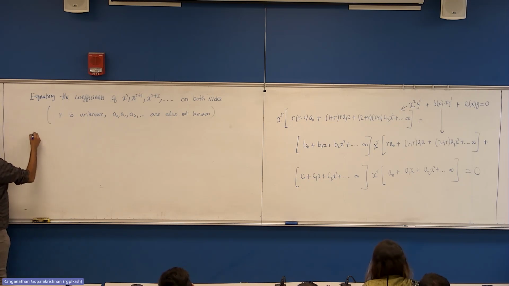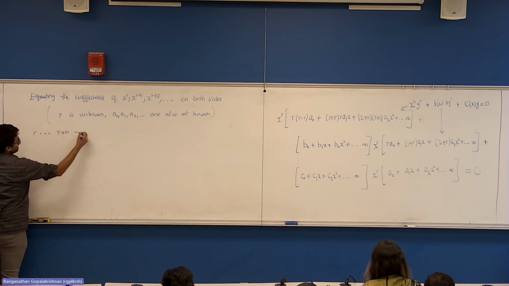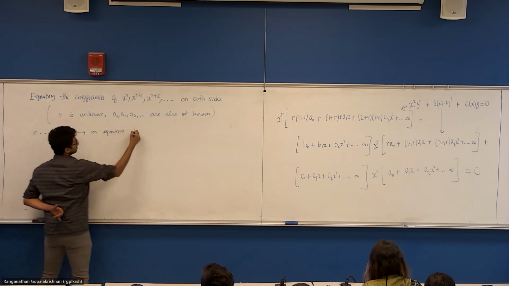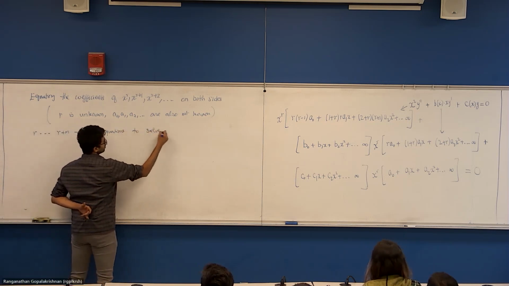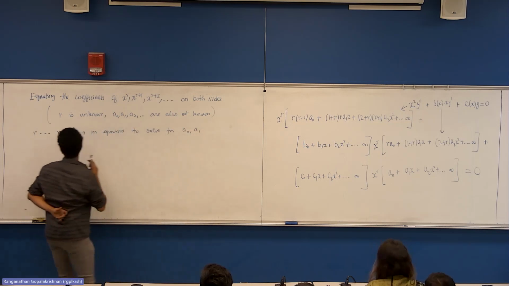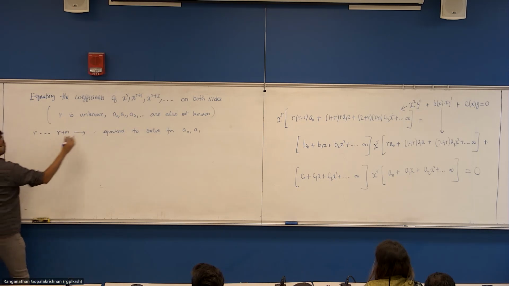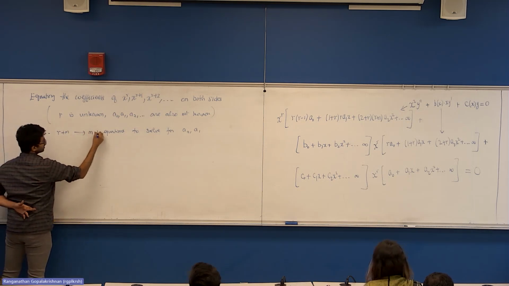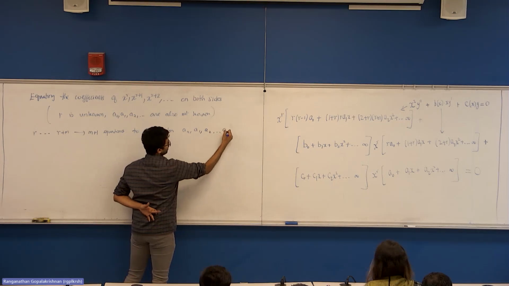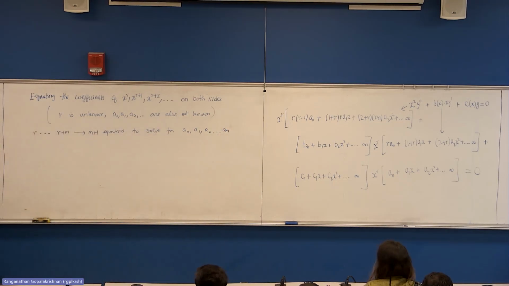So if you start with r and you go up to r plus m, that gives you m equations to solve for a0, a1. Wait, that gives you m plus 1 equations. You start from 0. So that gives you m plus 1 equations to solve for a0, a1, a2 up to am. You can go as high as you want until you see a pattern.